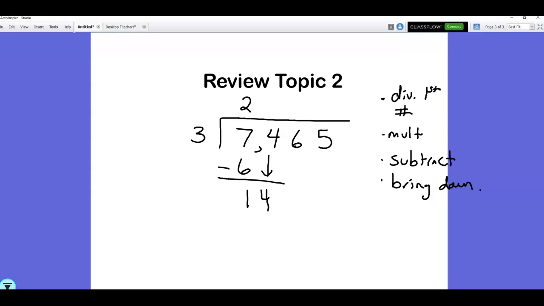After that, you repeat. 3 goes into 14 how many times? 4 times. You multiply, you subtract, bring down, repeat. It just keeps going over and over again. Okay? So 3 goes into 14 4 times, but 4 times 3 is only 12. So we subtract it to find out what's left. It's 2. And you bring down the 6 and you repeat.